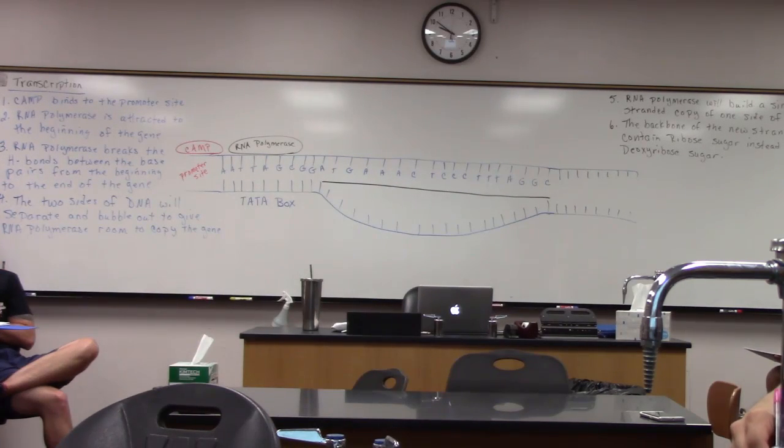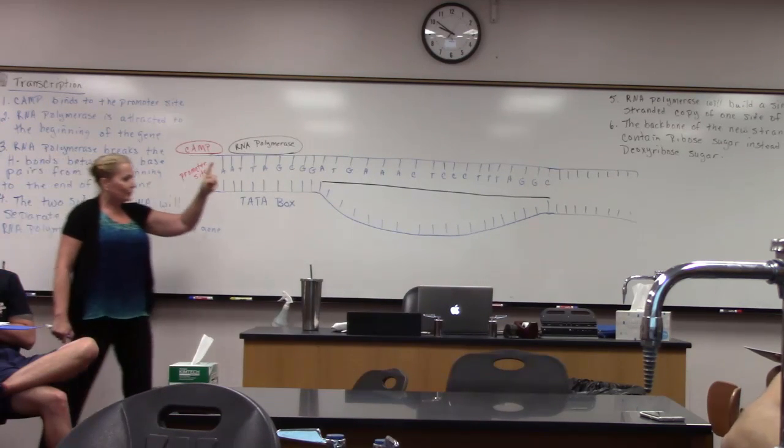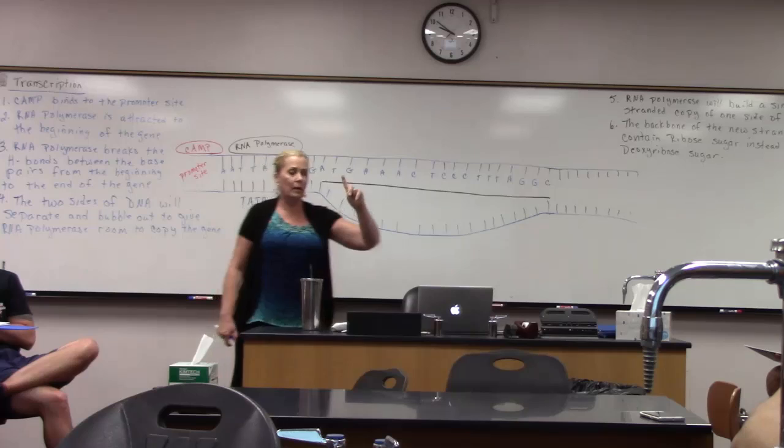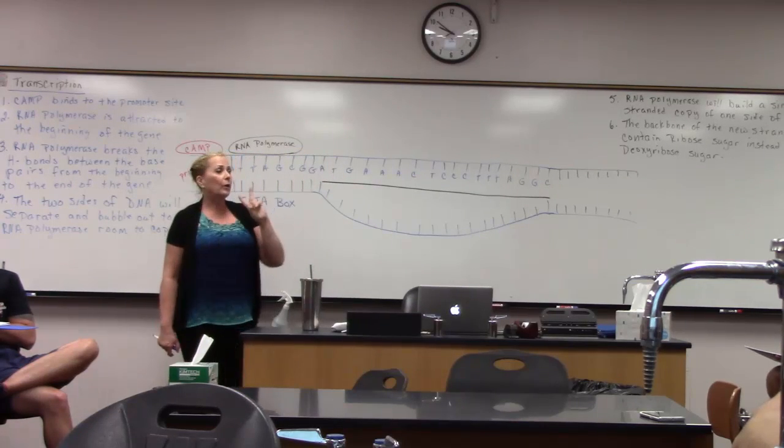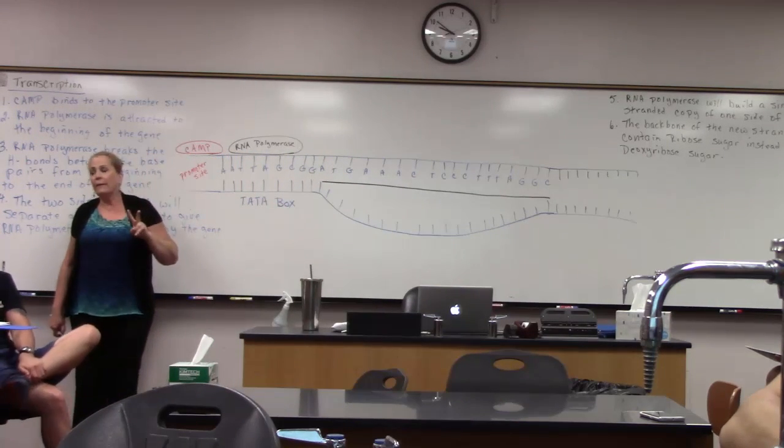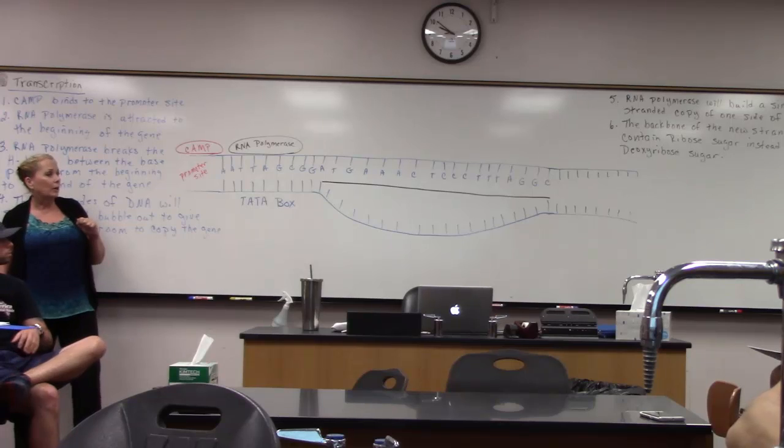So there's one of the differences, two really. We're only making a single strand copy, not a double strand like DNA. And we're going to put ribose sugar in this backbone instead of deoxyribose sugar.